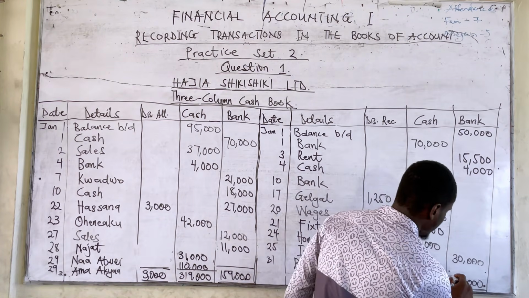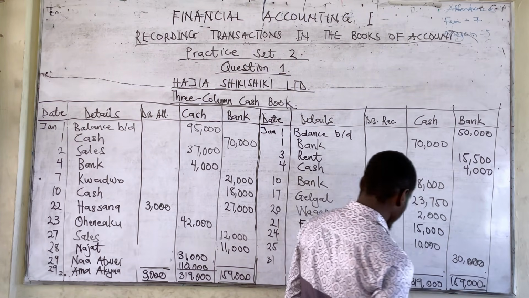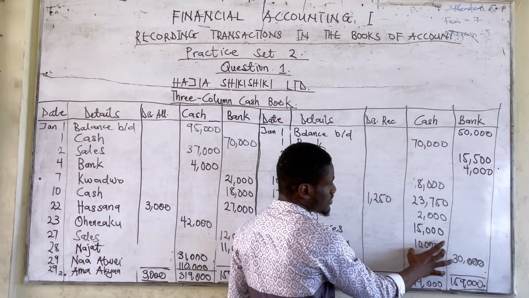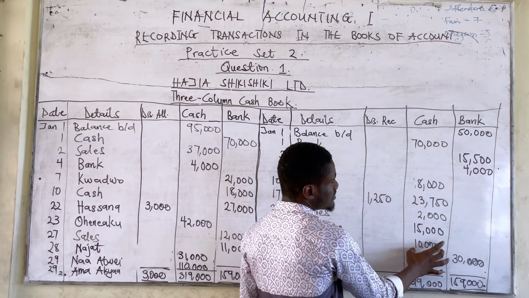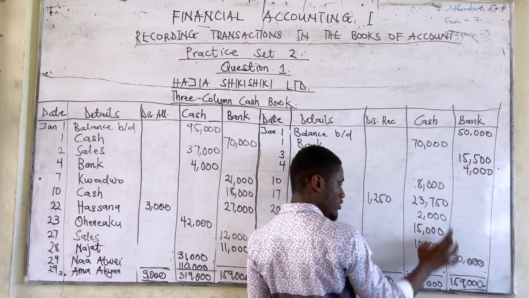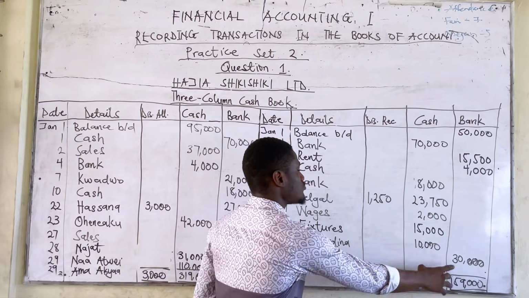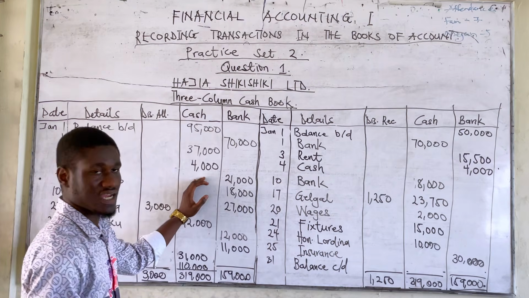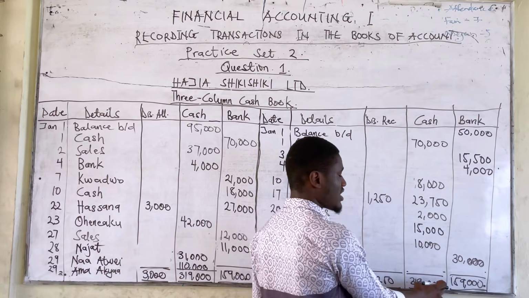To get our balance sheet, we are going to add all these and subtract from this. That's when we are going to get the difference. So you see that when we add the difference to this, we are getting this. So always the bigger side or the highest amount will be recorded at both sides. So in case we have this cash column to be greater than the debit side of the cash, we are going to record the debit total amount at the cash column at both sides.